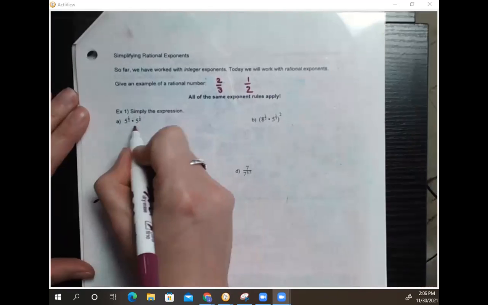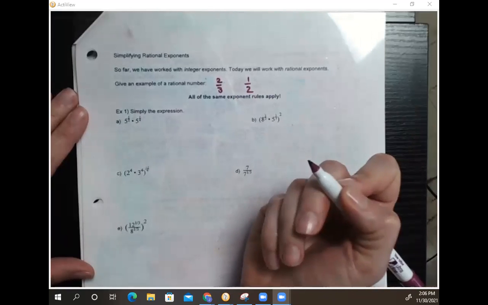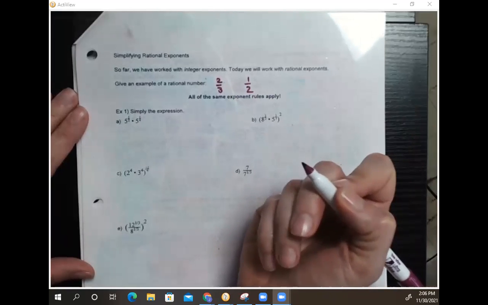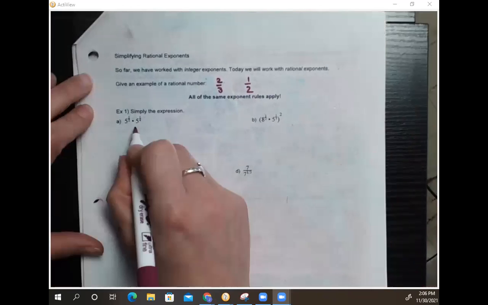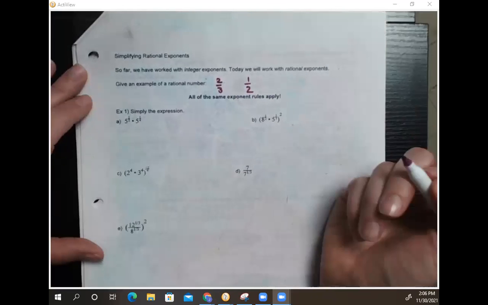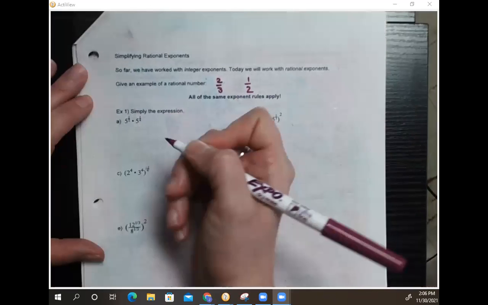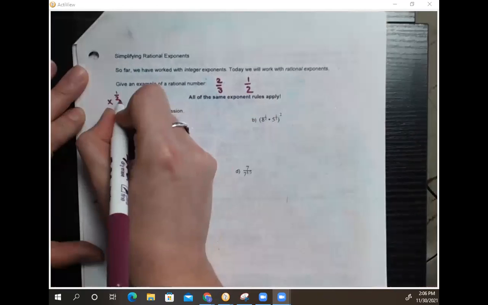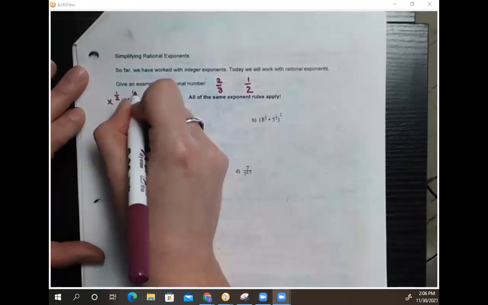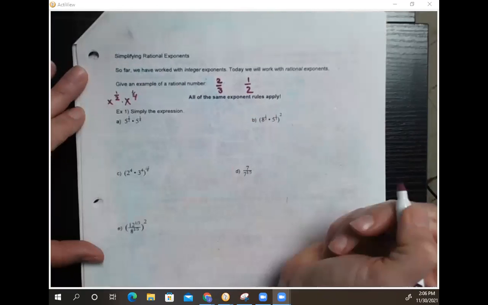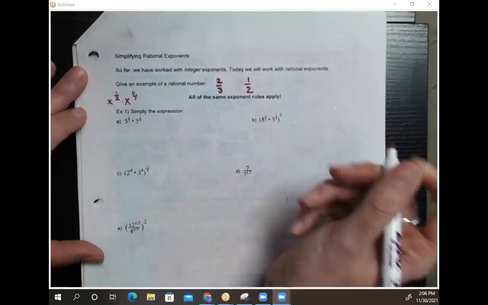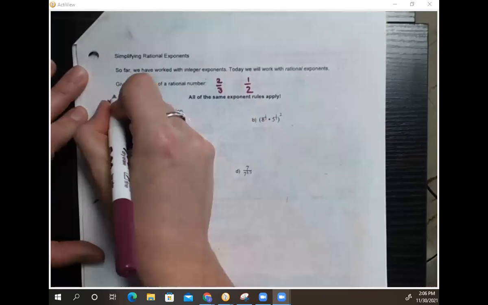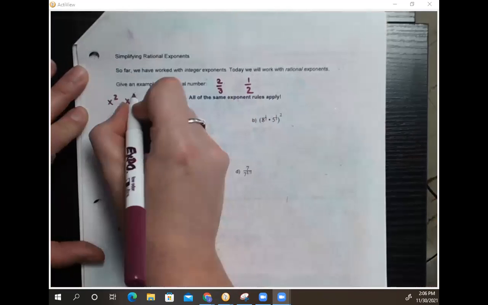If I take a look at example A, I've got 5 to the 1/2 power times 5 to the 1/4 power. Up to this point, most of what we worked with have been variables for our base. So if you wanted to start, we can think of this as x to the 1/2 power times x to the 1/4 power. I would treat this exactly the same way if I had x to the second and x to the fourth.